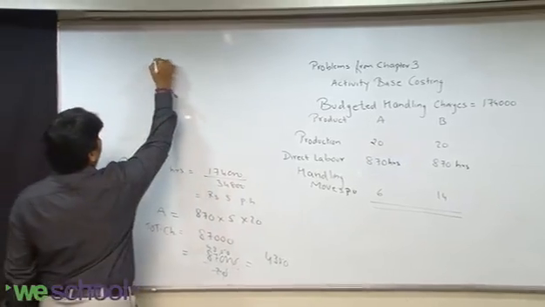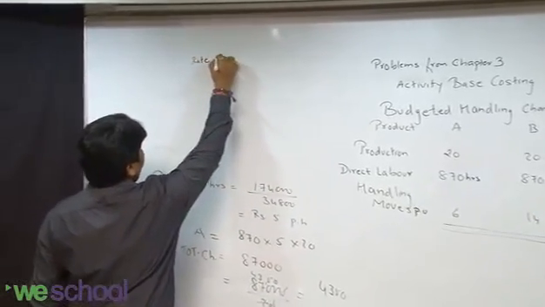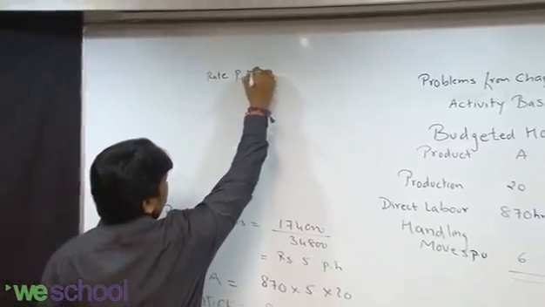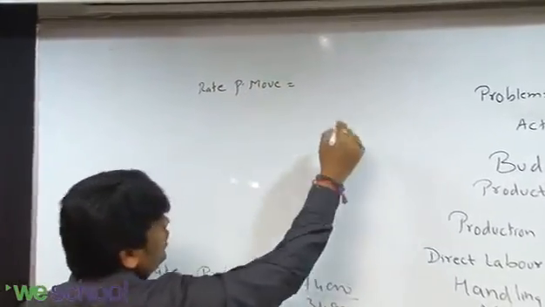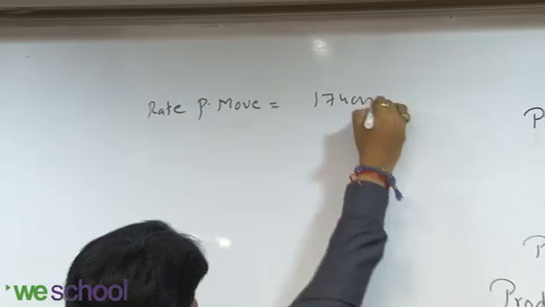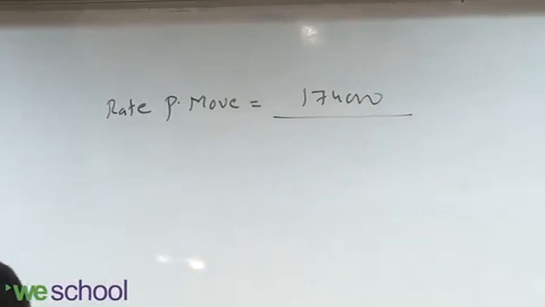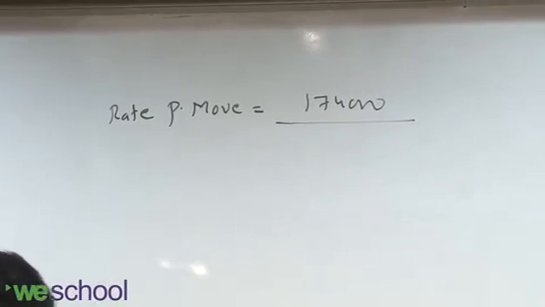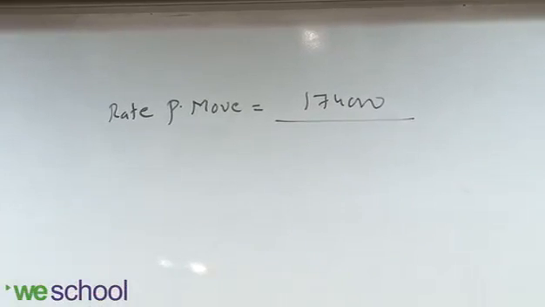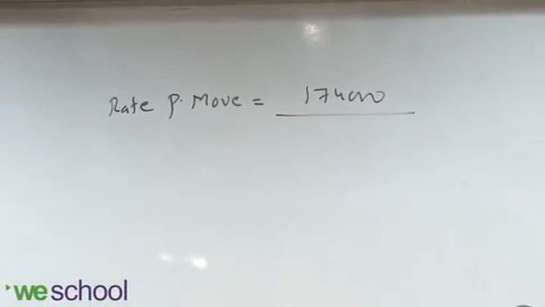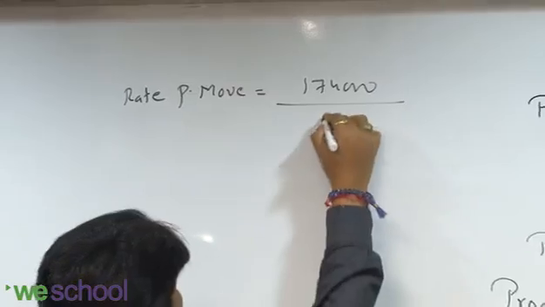So my rate per move is equal to 1,74,000 rupees divided by the total number of moves. Total number of moves is 20.